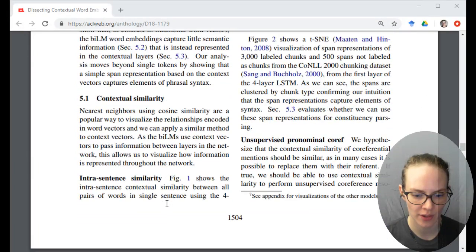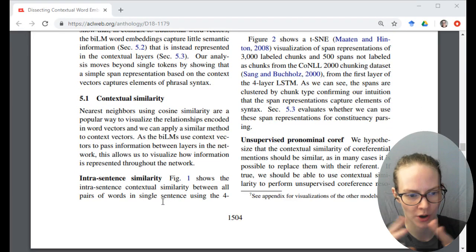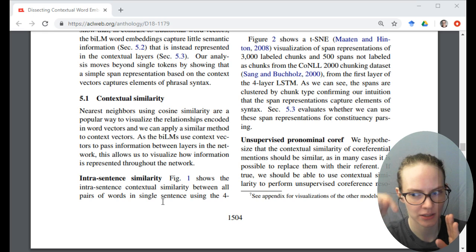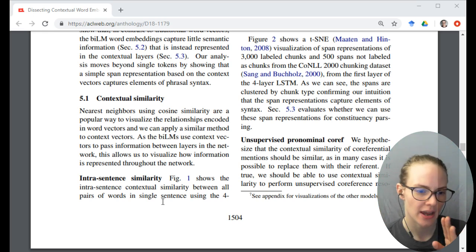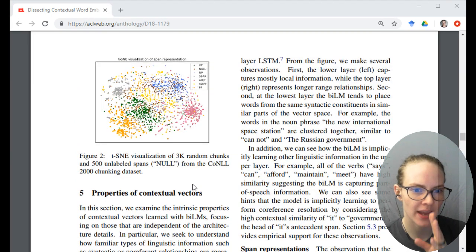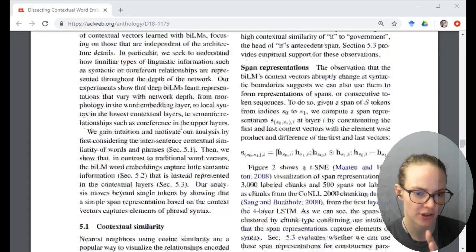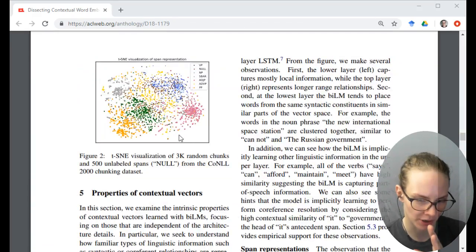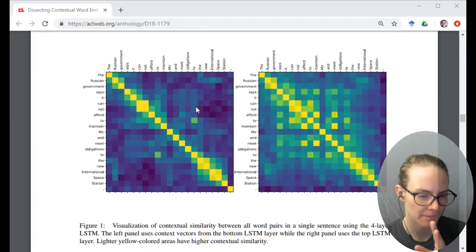Okay, so they've got all of the words in a single sentence, and they're looking at all the possible pairs. And then from the LSTM, using their context vector, they're getting the contextual similarity, and that's figure 1 here.